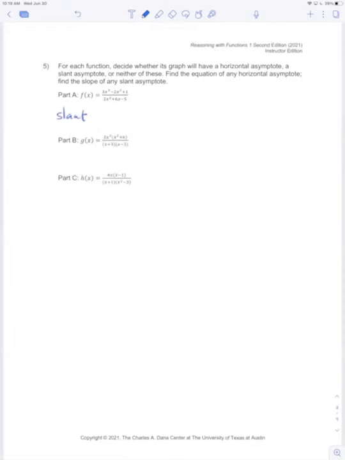If we compare the leading terms, we get 3x cubed over 2x squared. Those two x's go with one of those, and we have 3 halves x, so the slope is going to be the coefficient, 3 halves. Part B, neither.